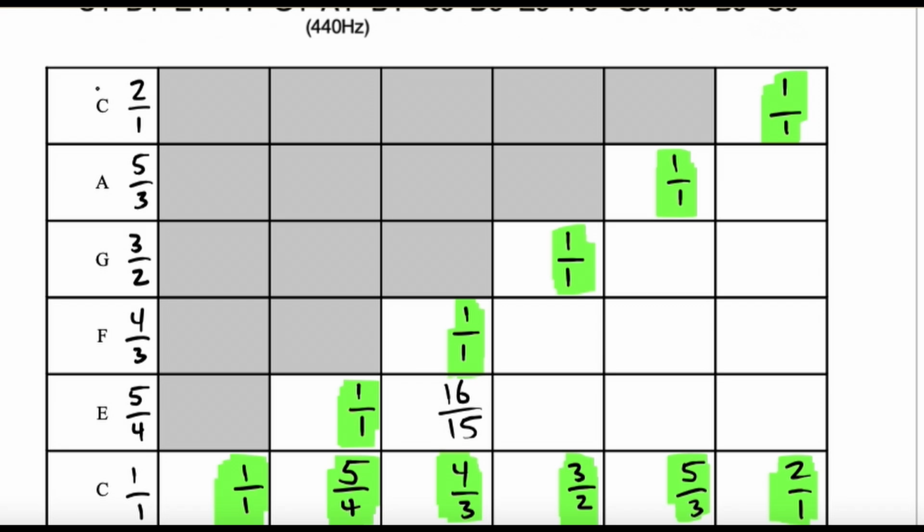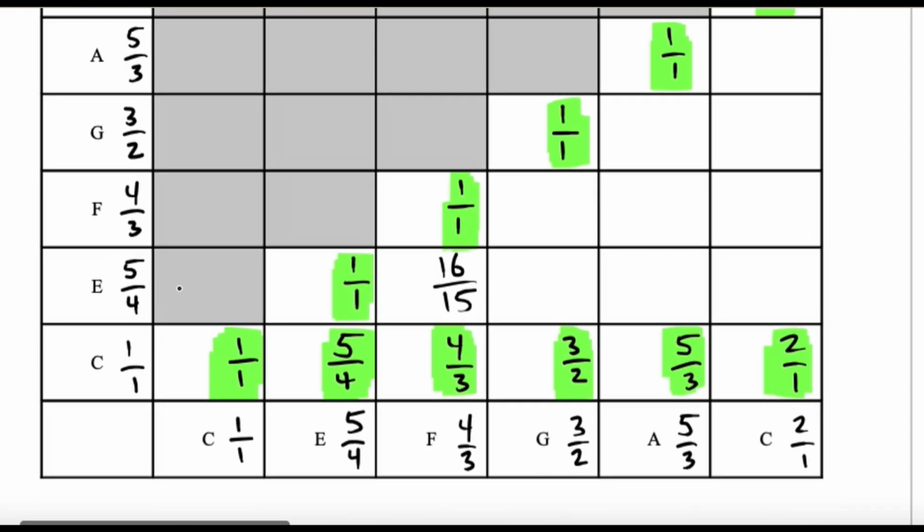I'll quickly fill in the rest of what it would be. 3/2 divided by 5/4. It's a G over a E. It is a minor third. 6/5 is what that one would be. A over E would be a perfect fourth, so that one's going to come out 4/3. C with E, 2 divided by 5/4 is 8/5, I guess.